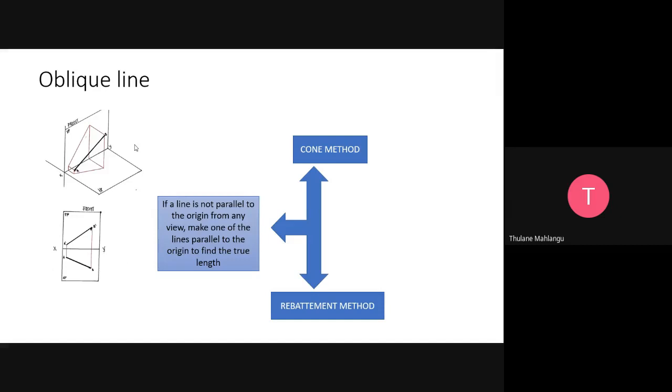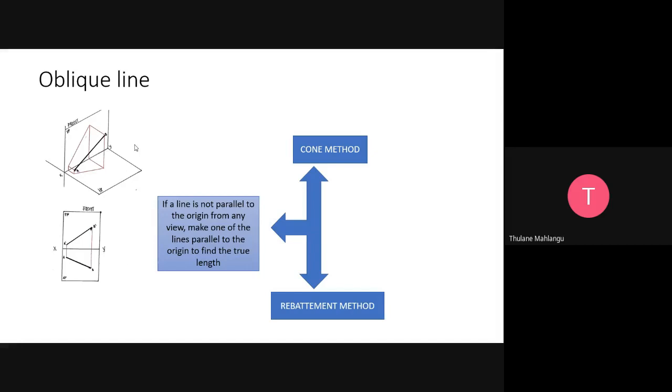So the rule says about an oblique line, if a line is not parallel to the origin from any view, make one of the lines parallel to the origin to find the true length.